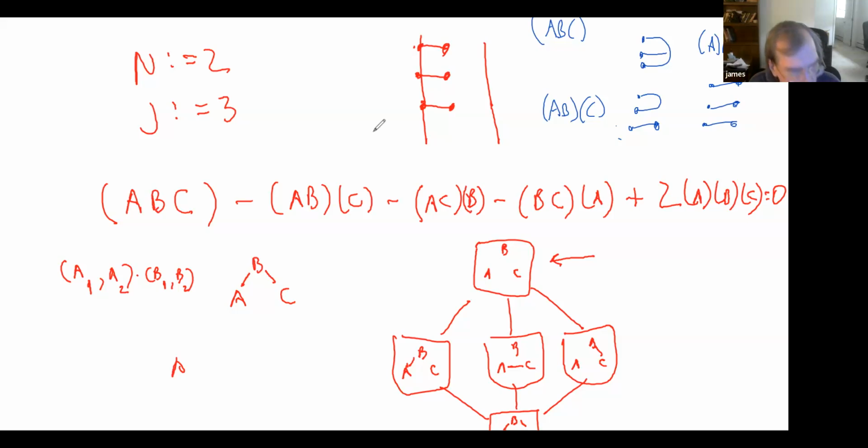I'm thinking of the Frobenius algebra of functions on a two-element set, and I'm writing the functions on a two-element set as ordered pairs. Okay.